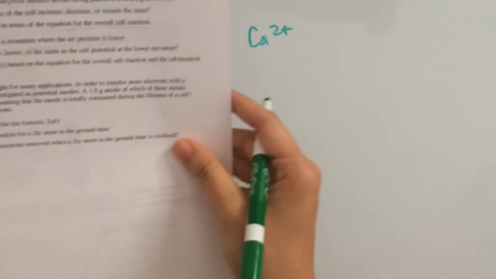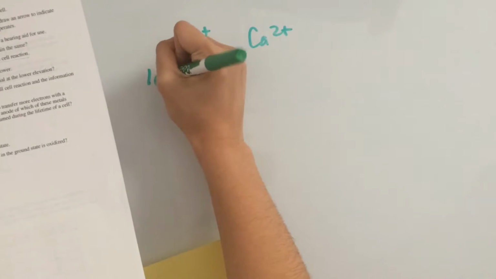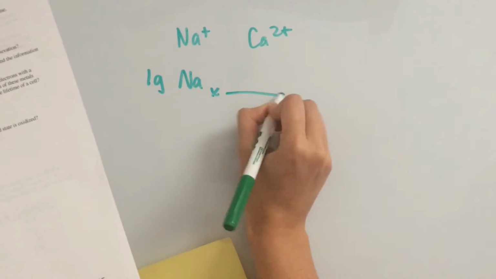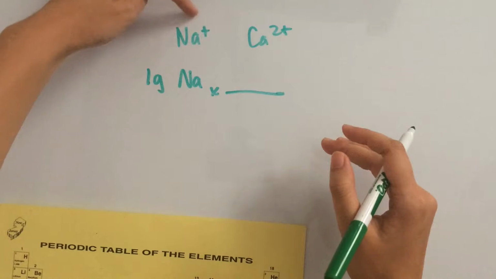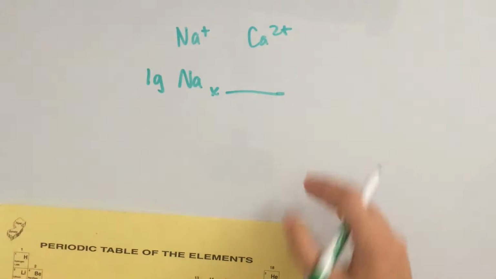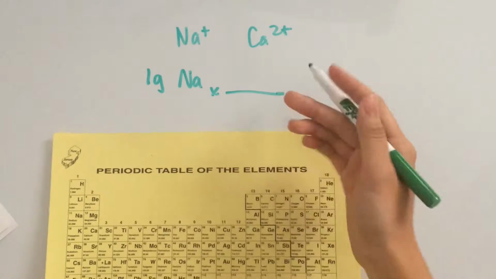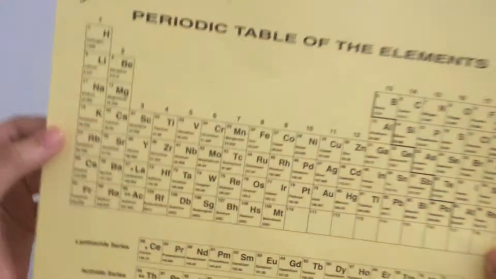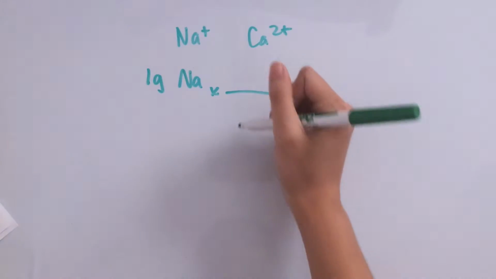So we have 1 gram of Na, and we need to convert this to electrons somehow. So we say that there's 1 electron being transferred for each mole of Na. So what we need to do is multiply this by the molar mass to convert it to moles. Then we can convert that to electrons. So here it's about 23 grams per mole.